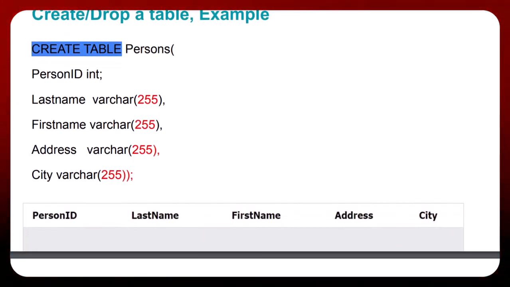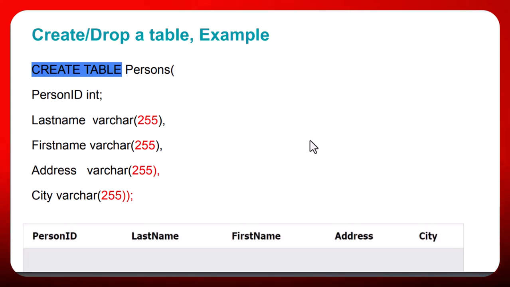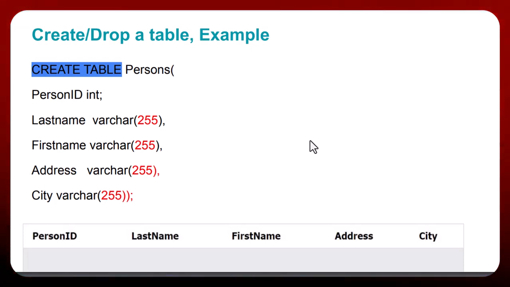I'm going to show you an example here. Just create a table, and we're going to name it Persons, and then we're going to have PersonID, LastName as a varchar, and wherever we use varchar, we need to specify the size. I did 255. You can do 100 characters, this is not a problem. Just specify the size.